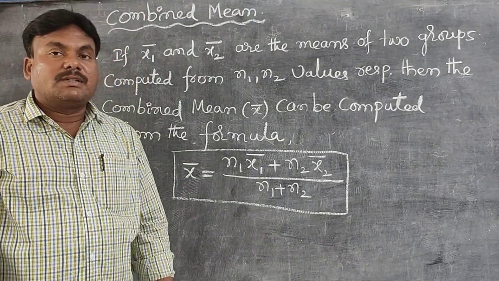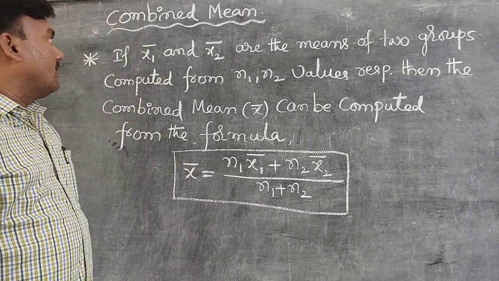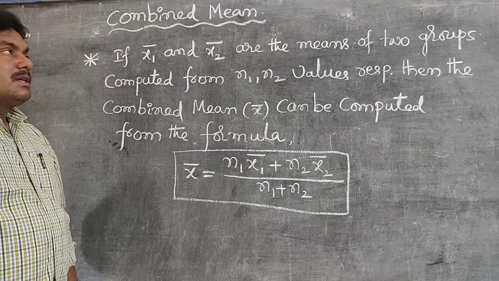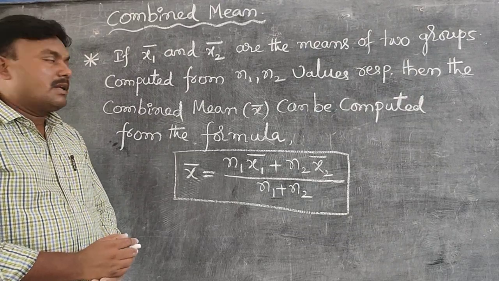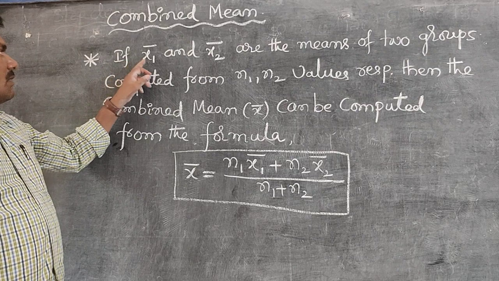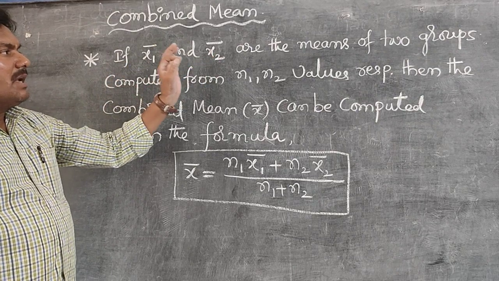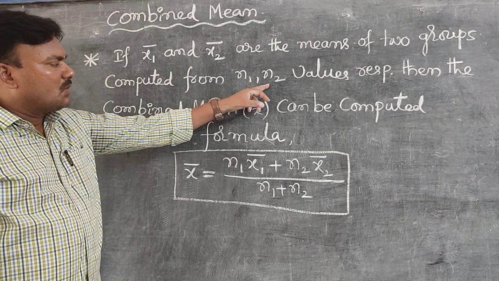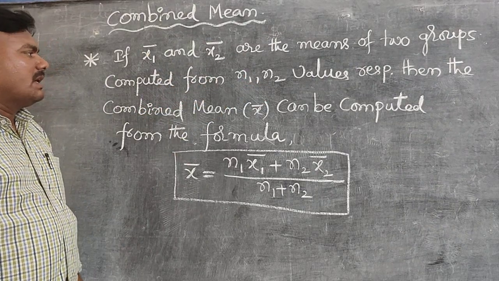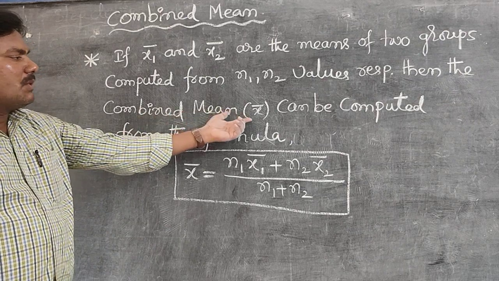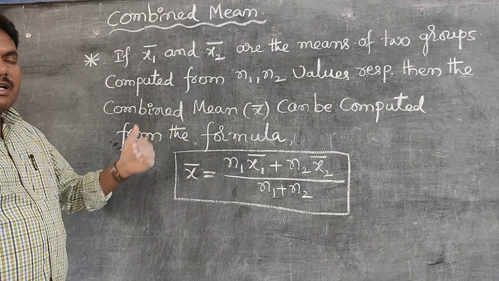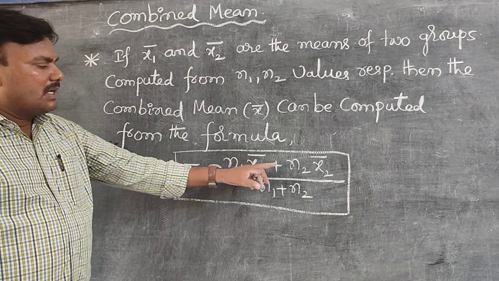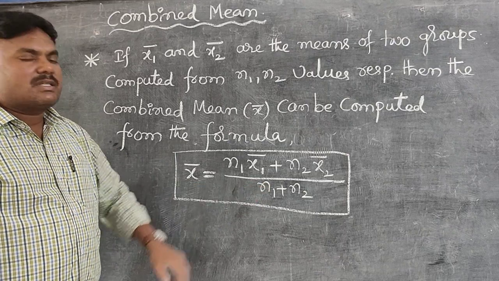First, observe the formula. The main heading is the combined mean. How do we find the combined mean? If x1 bar and x2 bar are the means of two groups computed from n1 and n2 values respectively, then the combined mean x bar can be computed from the formula x bar equals n1 x1 bar plus n2 x2 bar by n1 plus n2.